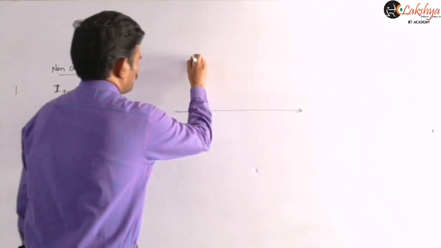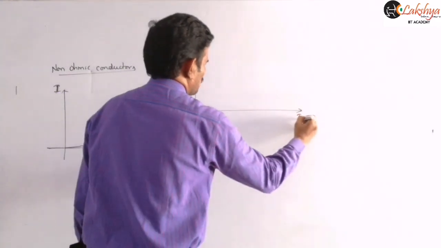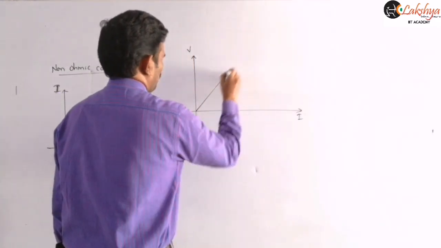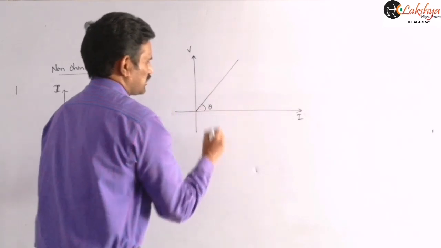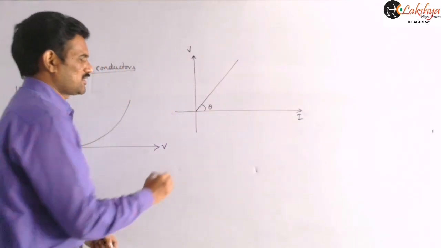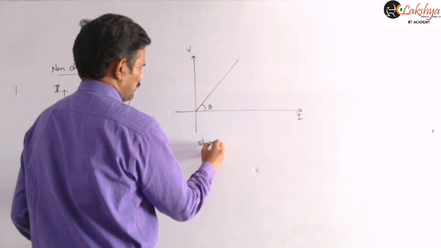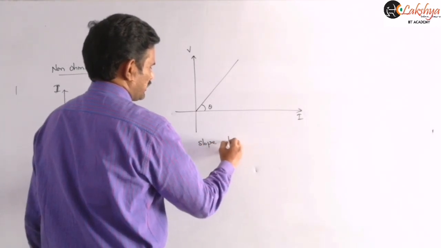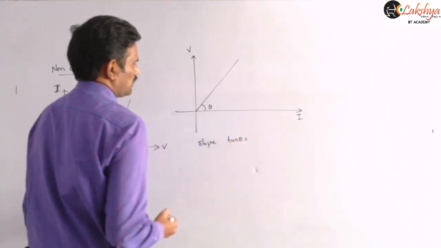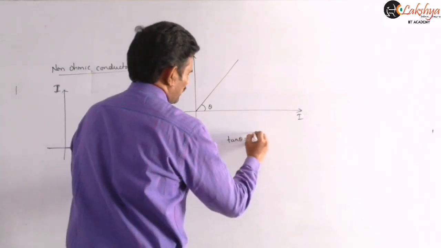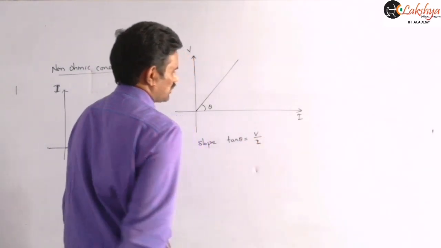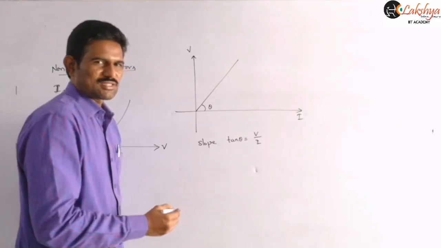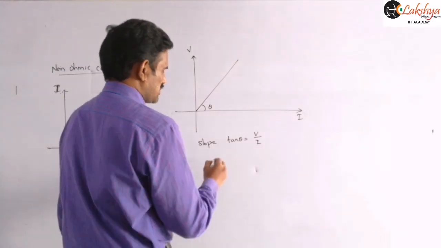Suppose from this VI graph we need to calculate the resistance. Suppose it is making an angle theta, then the slope, tan theta, is equal to V by I or dV by dI, which is nothing but our resistance.